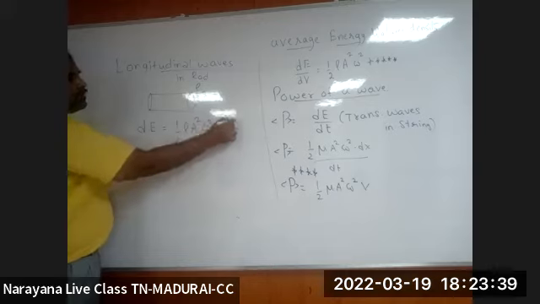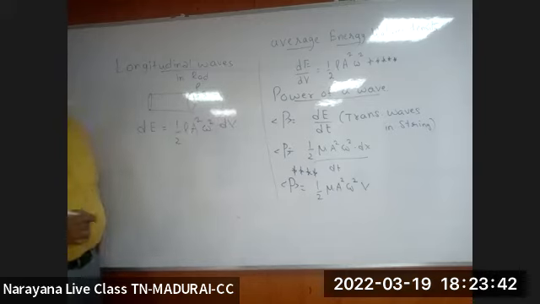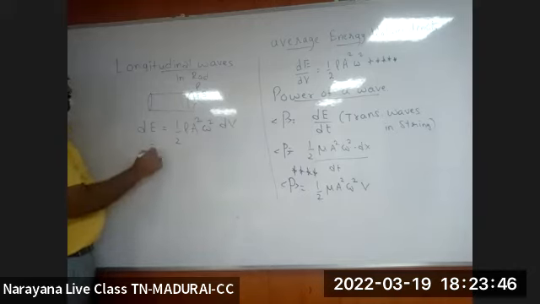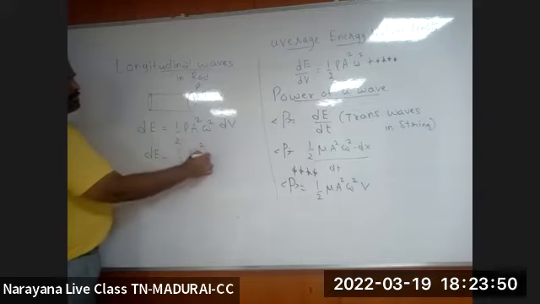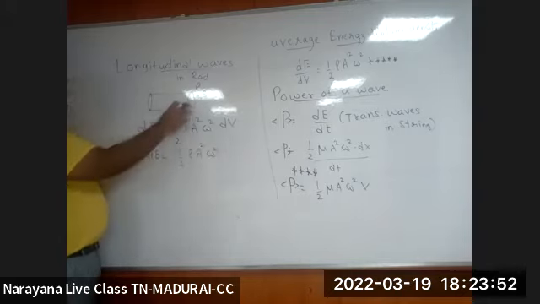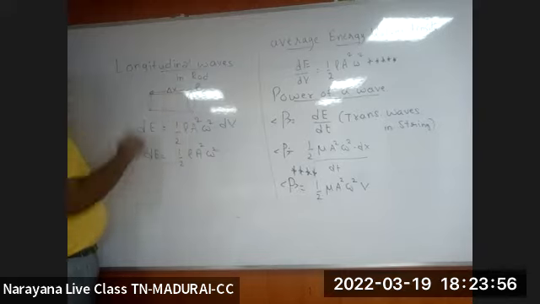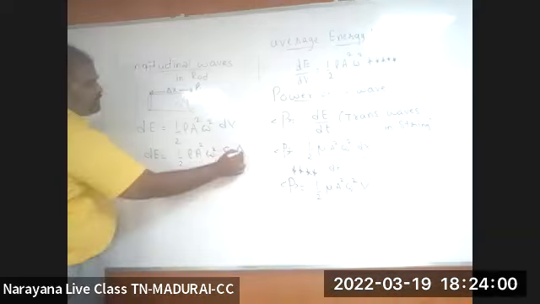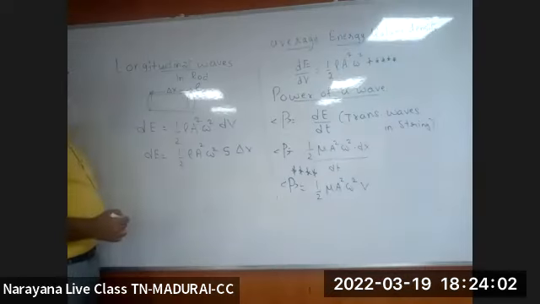Total volume of the element. Tell me, what is the volume of this cylindrical element? Area of the circular cross section into the length of this element. So I can write area of the circular cross section S into delta x or dx.